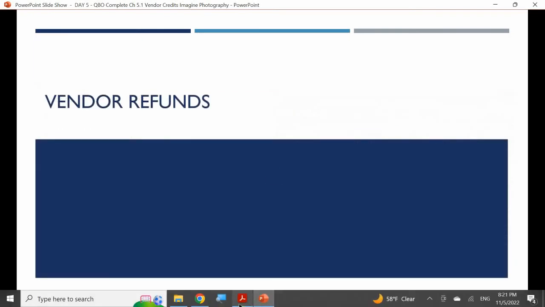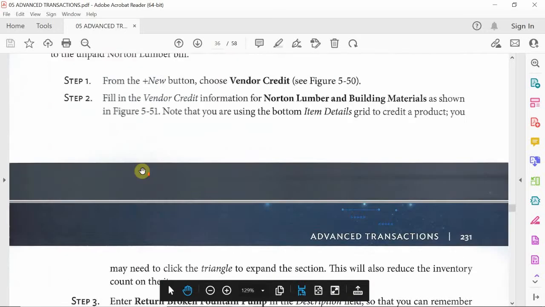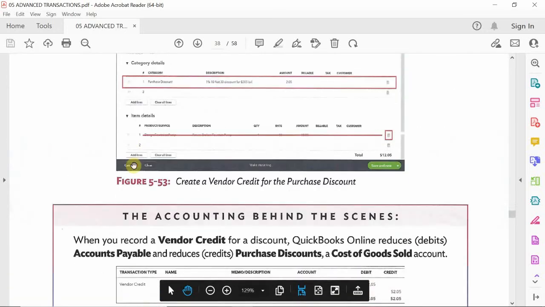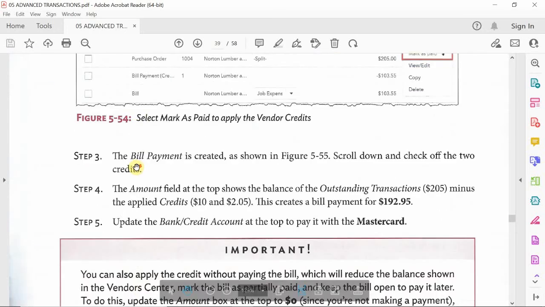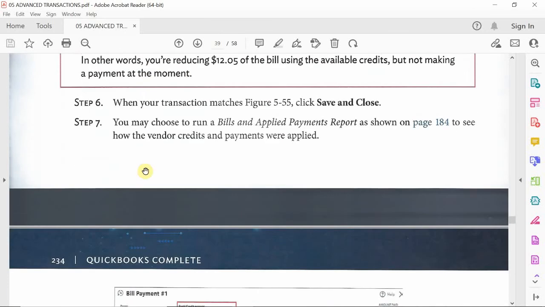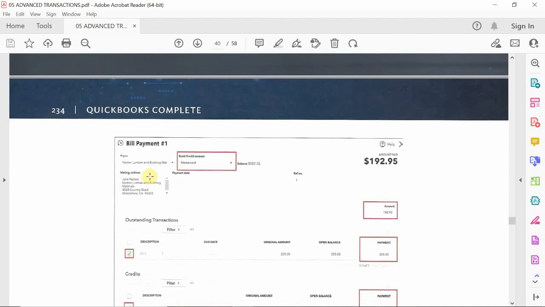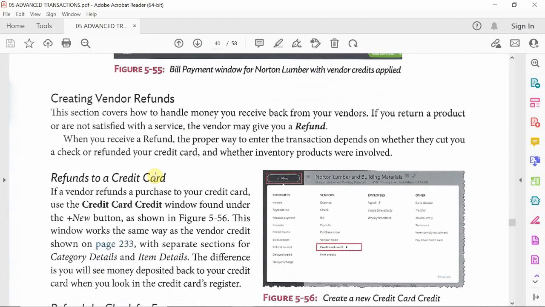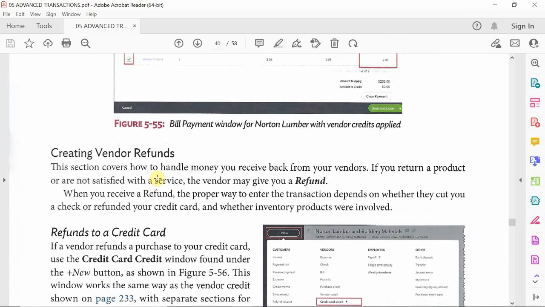So let's go ahead and talk about what the difference between that is versus a vendor refund. Now, in this case, we received a credit if the vendor overcharged us, or if the vendor decided to give us a discount.